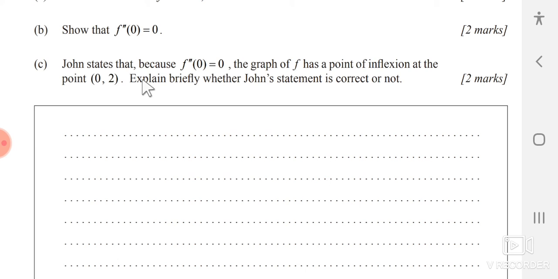Whatever you see on the negative side will be the same on the right side. So whenever you check an even function, that is always symmetry about the y-axis. So if this is true, then you can say that you agree with John. If it's not true, then you can say that we do not agree. This is the reason for this question.